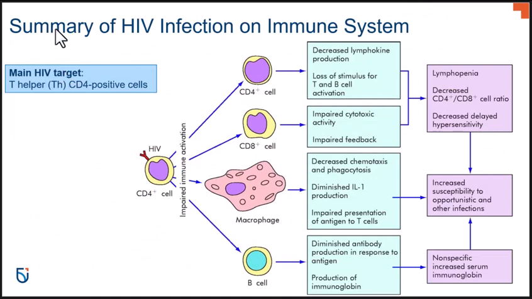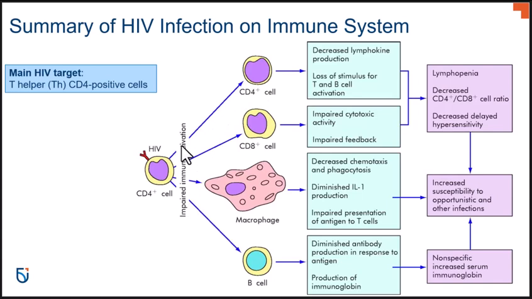So just a brief summary of what happens with HIV infecting cells. Remember, its main target is going to be the CD4 positive helper T cells, and this infection is going to impair other immune activations that would come from that.